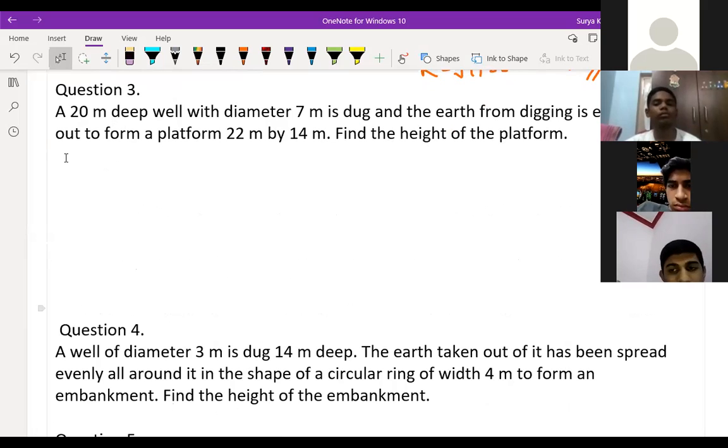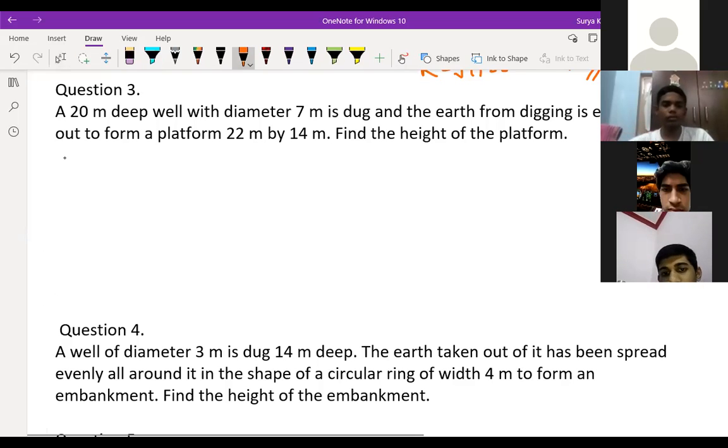A 20-meter deep well with diameter 7 meter. Very interesting, children. Try to understand what they are asking in the question. So first you just draw one deep well over here.